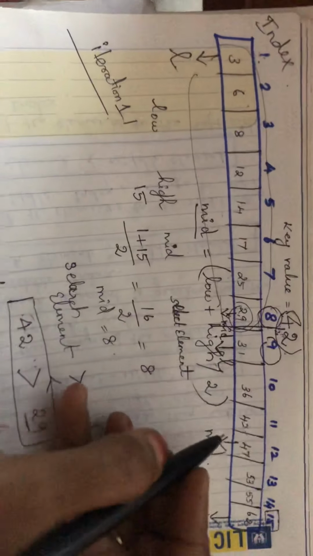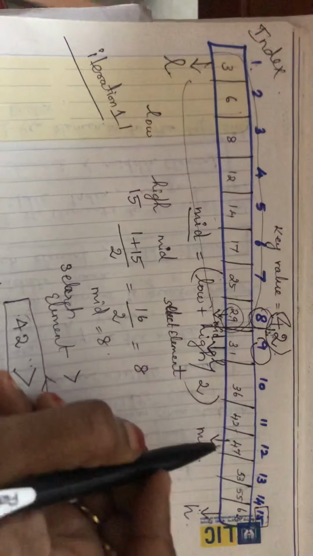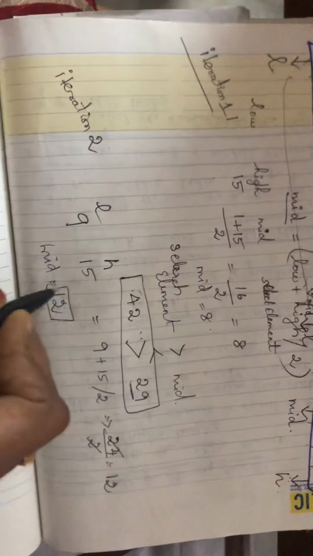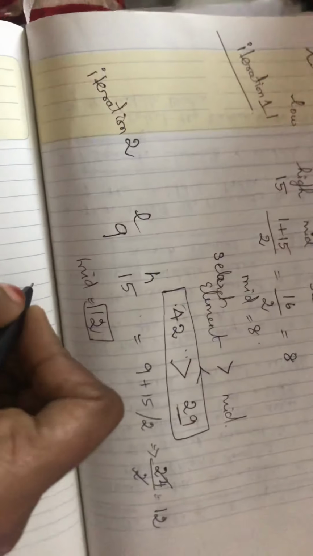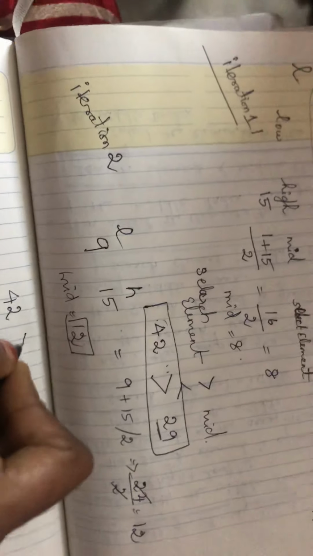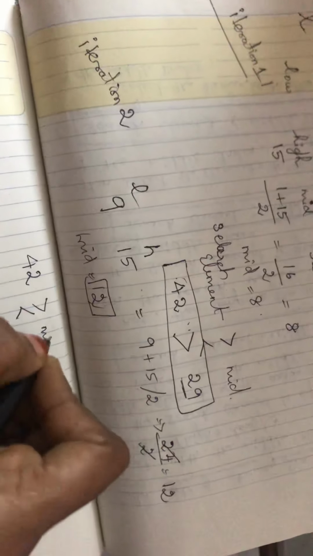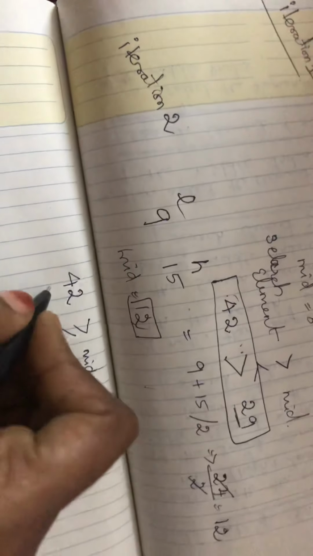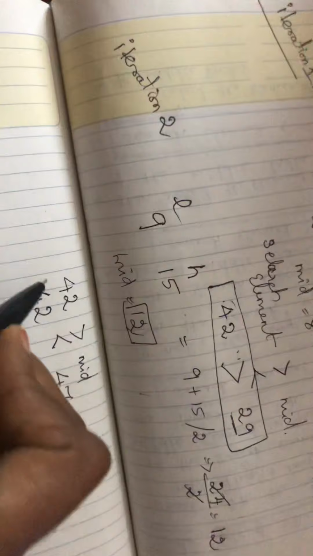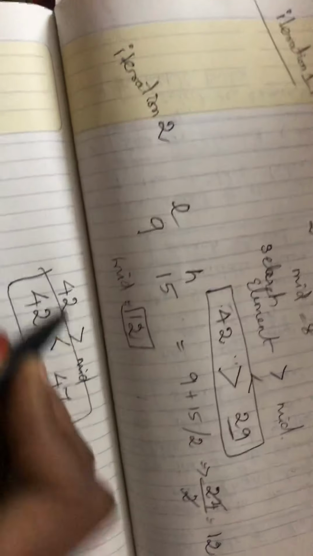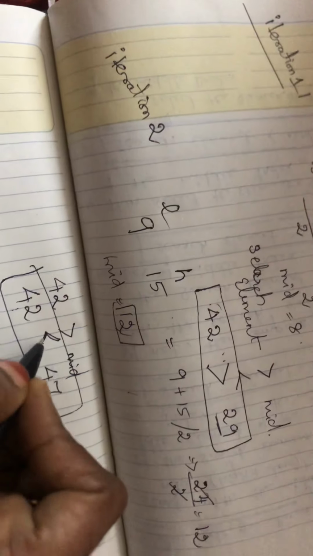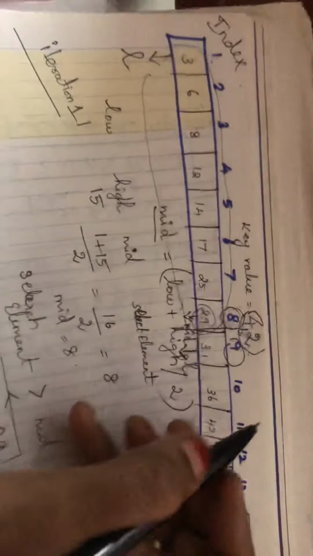Then we check whether the search element, 42, is less than or greater than mid. Mid of 12 is 47. Here the search element is 42, so the searching value is less than the mid value.